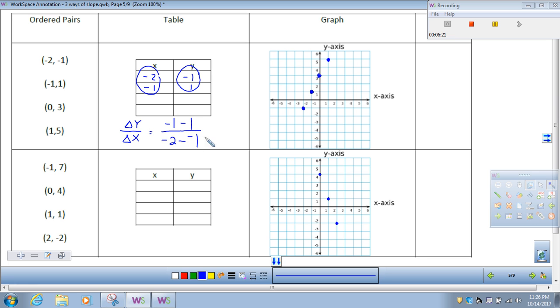Then you will stick this in the calculator and let the calculator work the entire thing out all together. So you will hit control divide and then type in the top, and then arrow down and type in the bottom. Let the calculator handle it all.